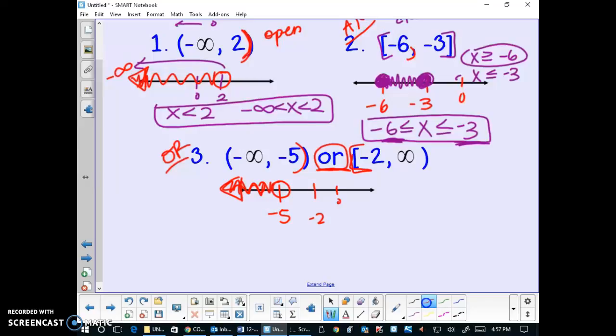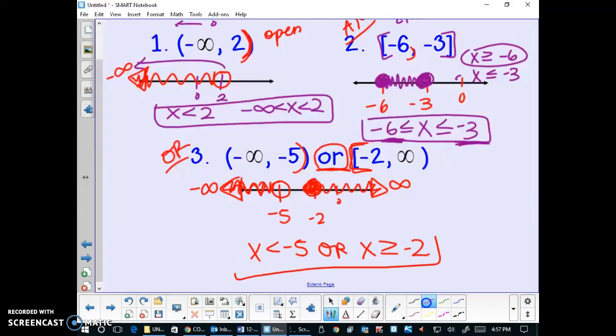And this one's a closed circle because it has a bracket, and we shade to infinity. Okay, so since this is two pieces, you're also going to have two inequalities. You can write x is less than -5, or x is greater than or equal to -2.